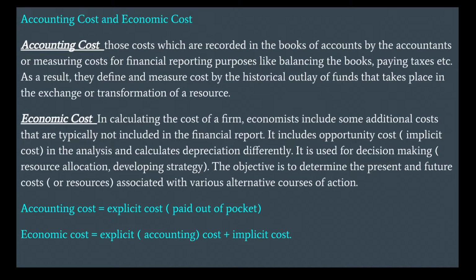It is used for decision making, that is, resource allocation, developing strategy, etc. The objective is to determine the present and future cost of resources associated with various alternative courses of action. Thus, we can define accounting cost as explicit cost, that is, paid out of pocket or in terms of money or cash. Economic cost is explicit or accounting cost plus implicit cost.